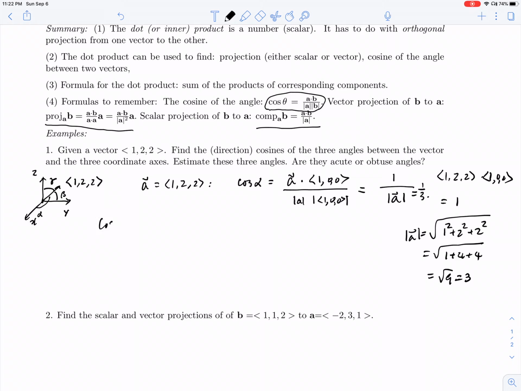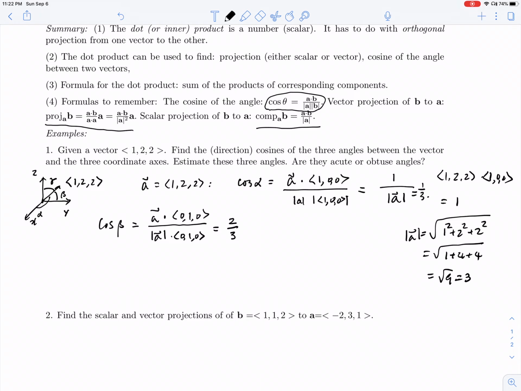Once I've finished this one, we can try it again, but for the other two, we're going to do it a little faster. So cosine beta is going to be A dot product (0, 1, 0), over A's length and the length of (0, 1, 0). Again, we know the length of A is 3, and this one is going to be 2/3.